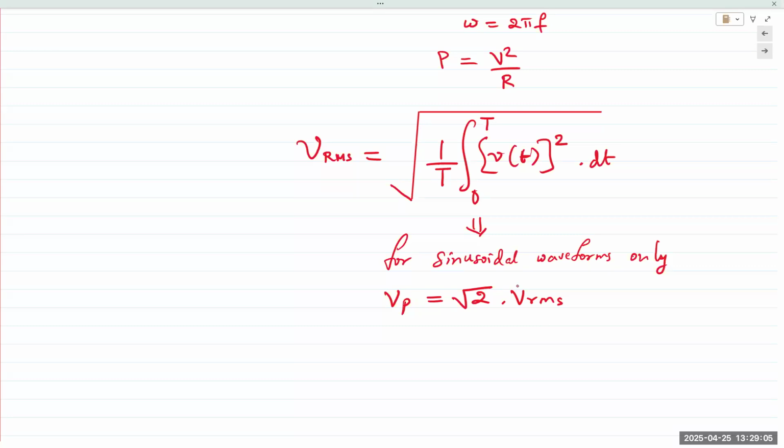So ripple voltage, VR, can be defined in both peak to peak, VR peak to peak, or VR RMS. If it's not defined as peak to peak, then you can safely assume RMS. Okay.